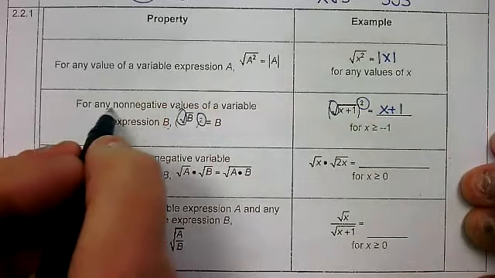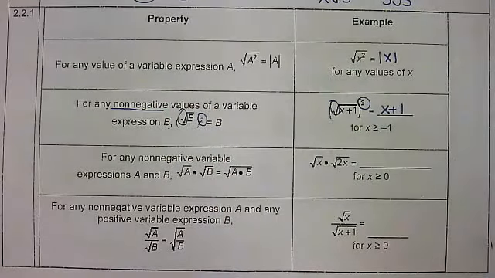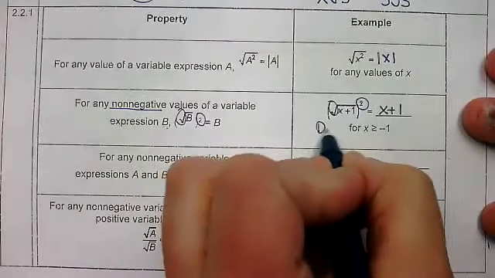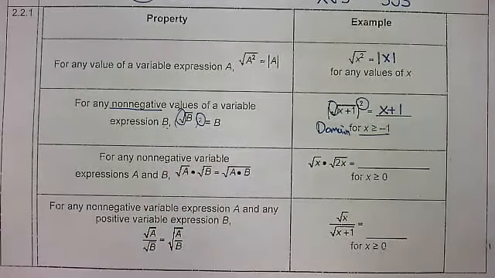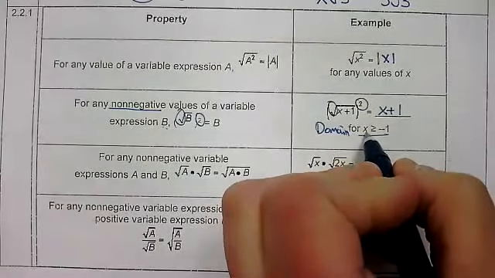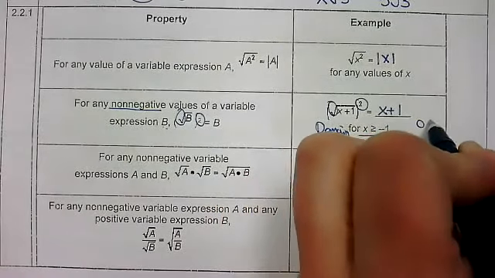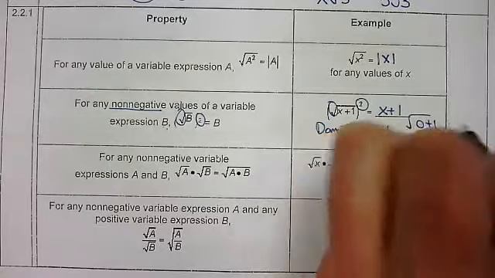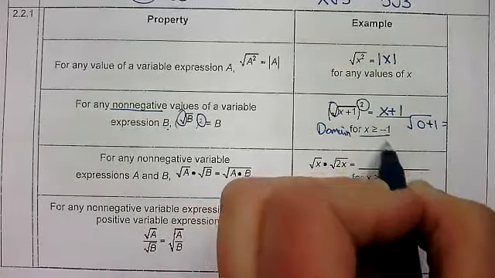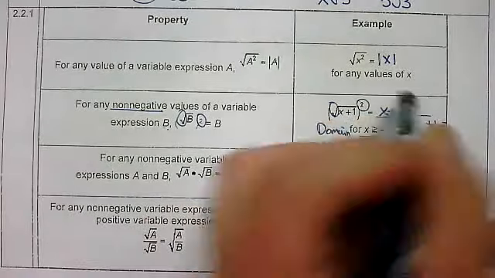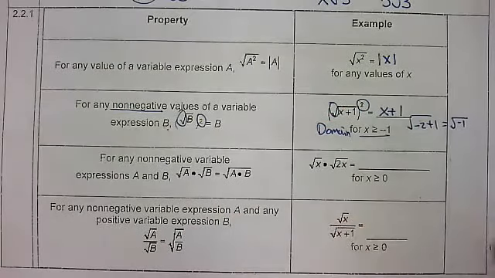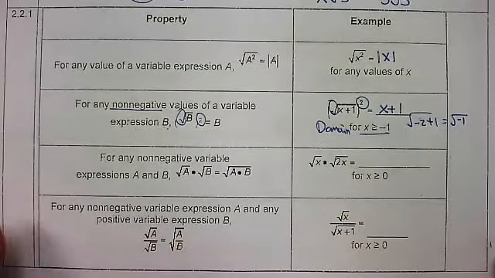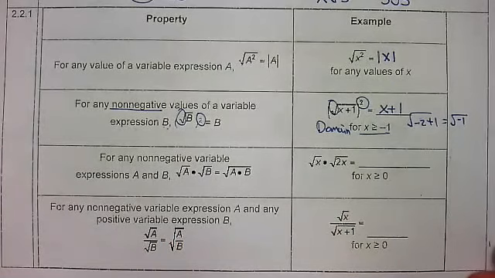So for non-negative values, that's where we start talking about our domain. Our domain is x has to be greater than or equal to -1. If x is, say, -2, then I'm going to wind up with the square root of -1, and that's an imaginary number. Right now, we're not dealing with imaginary numbers.